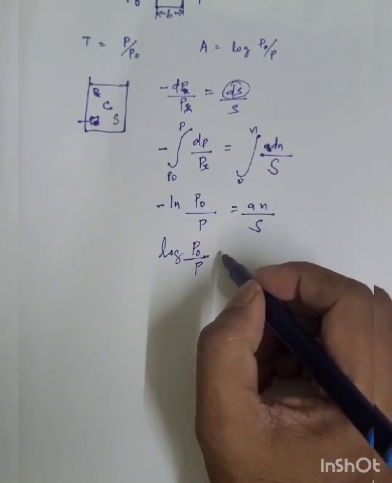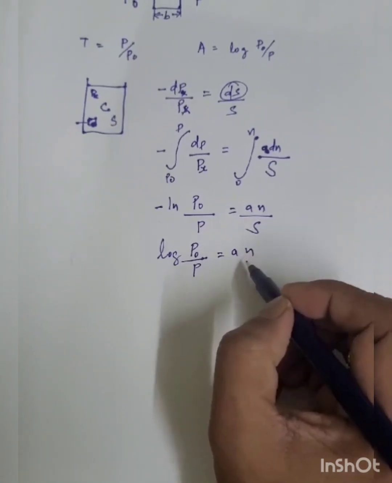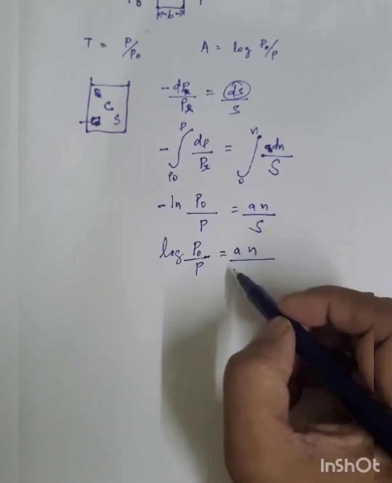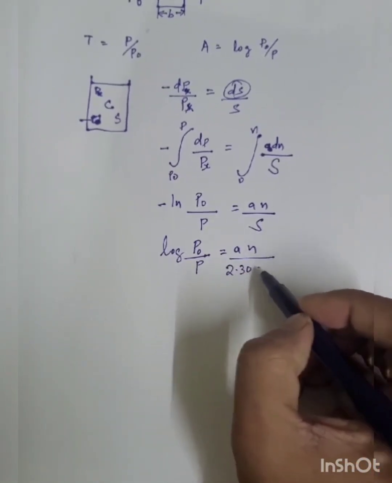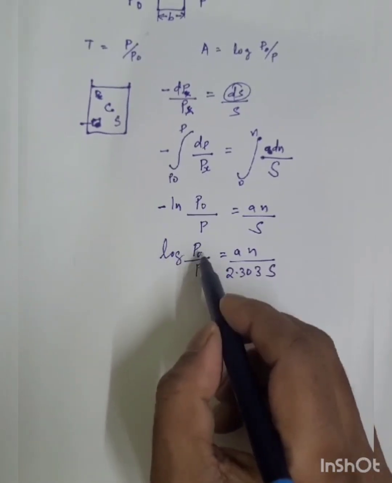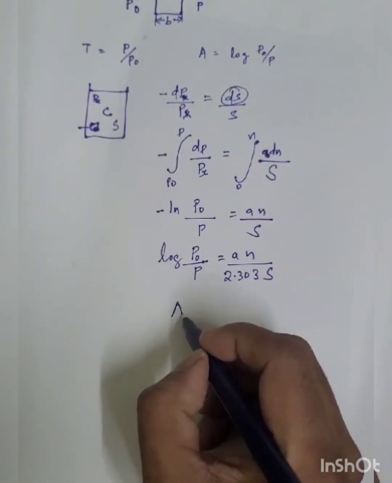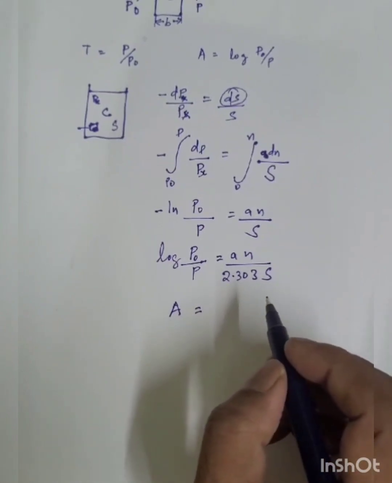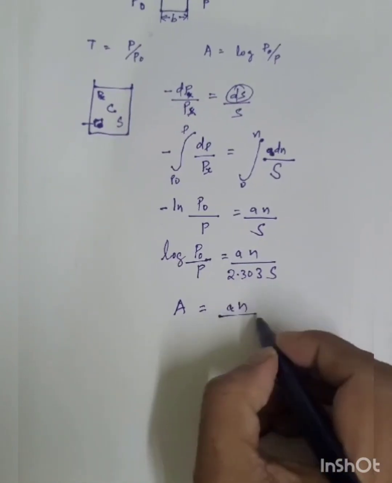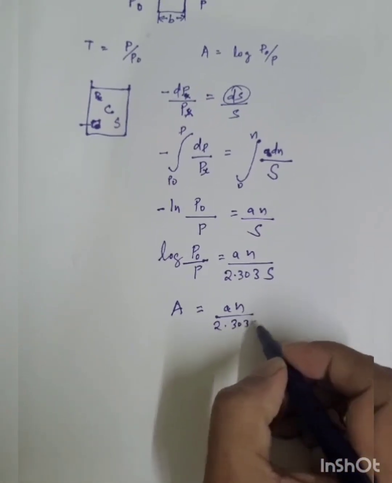Since we have changed from natural log to log, we have to use the value 2.303. So absorbance is equal to a n by 2.303 S.